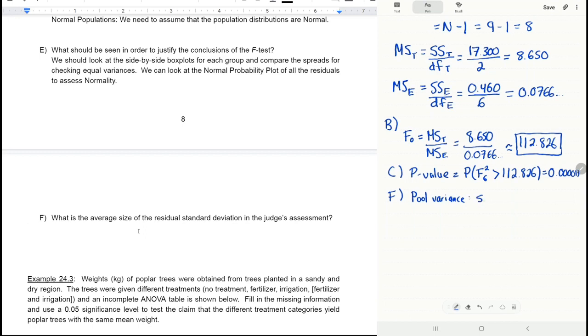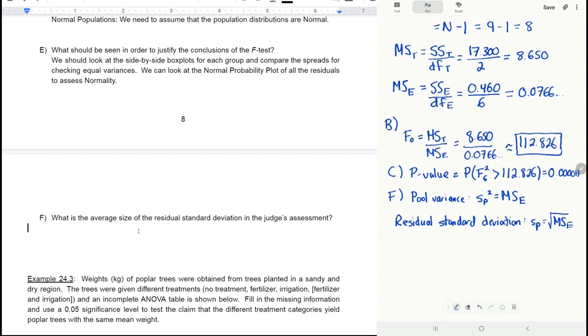We can write this as SP squared, and this is the error mean square. So the residual standard deviation is going to be the square root of the error mean square. And so SP will be the square root of MSE.